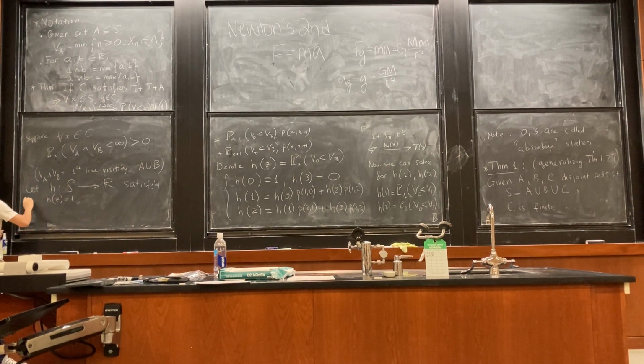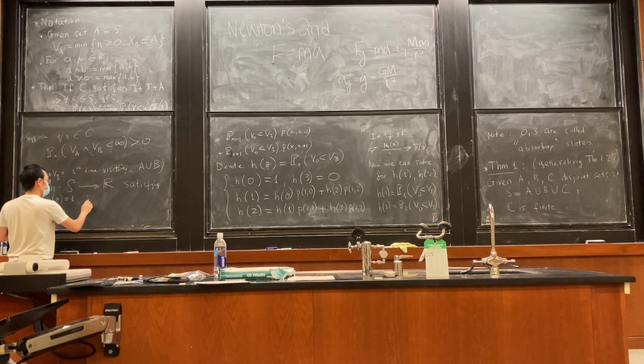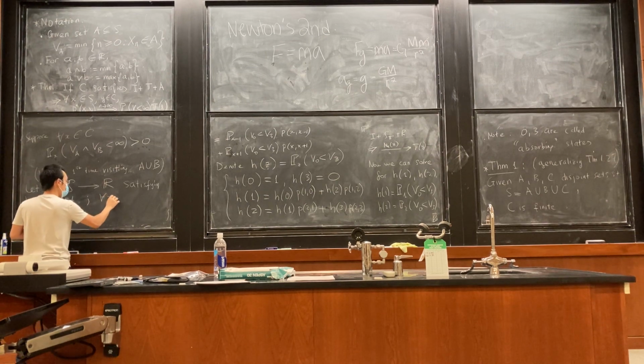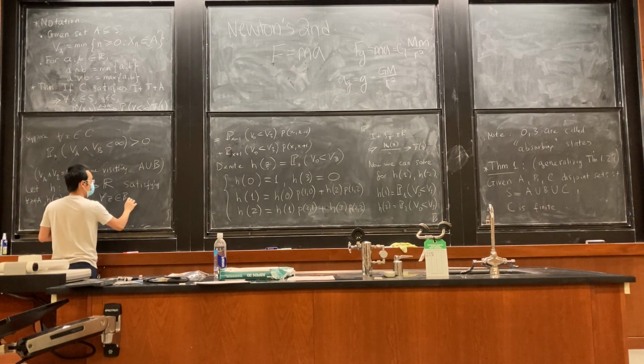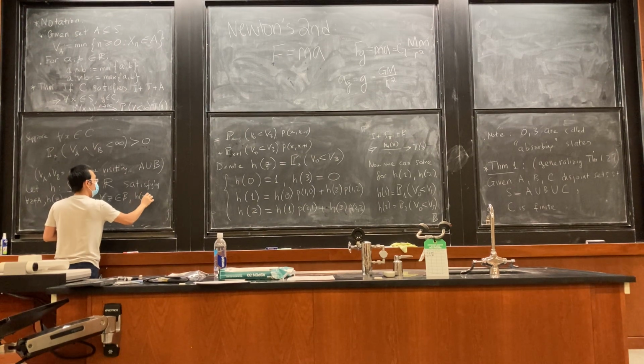For all z in the set A, H(z) is 1. For all z in the set B, H(z) is 0.